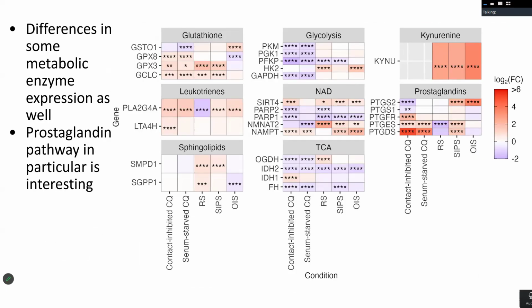So we looked at metabolic enzymes as well, mainly because we have a metabolism guy on the paper. But it's quite interesting because this prostaglandin pathway has been implicated in this heterogeneous secretory profile that we see in senescent cells, because senescent cells will secrete pro-inflammatory cytokines and chemokines, and then other extracellular matrix remodelers. And this process seems to be at least partially mediated by prostaglandins.